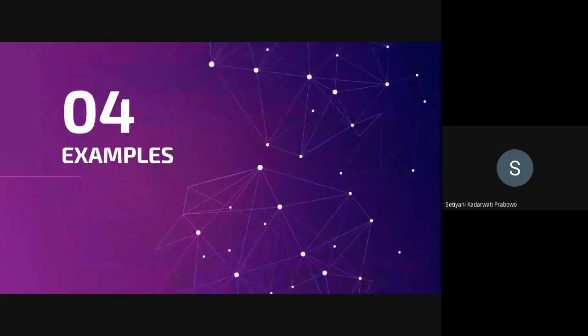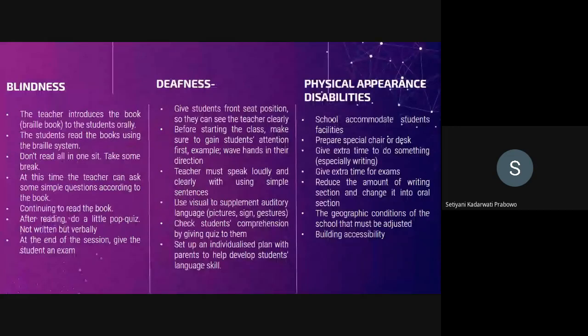Number four is examples. For blindness, the teacher introduces the Braille book to the students orally, and then the students read the book using the Braille system.